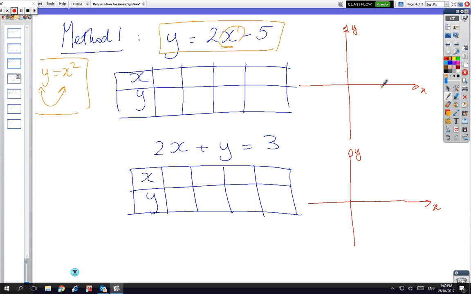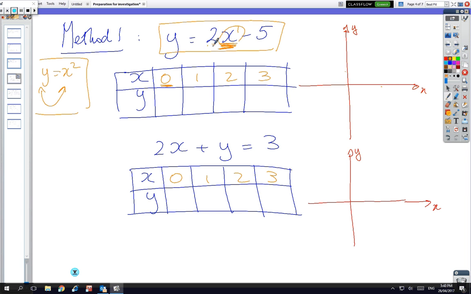In the table of values, you can make up any numbers you like, but just make up easy numbers like 0, 1, 2, 3. And what we do is we now substitute them in. This value here is going to go into the x position and then follow the recipe.